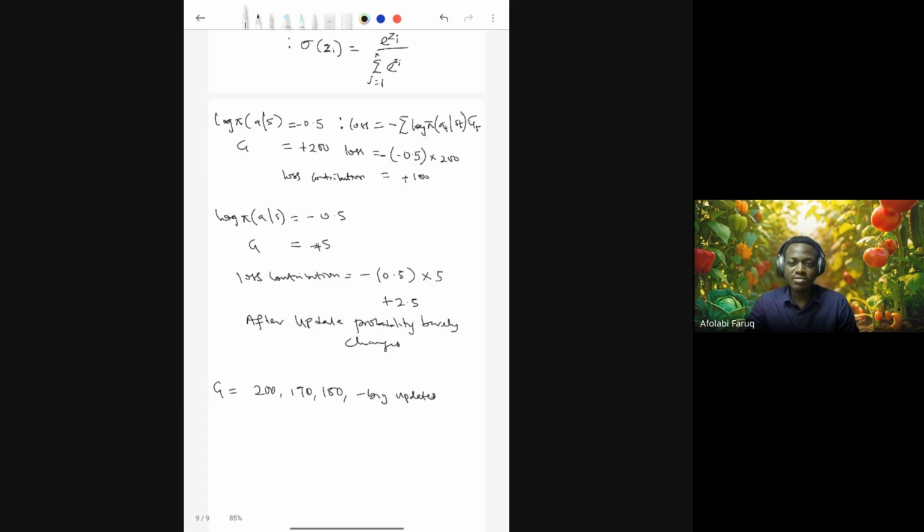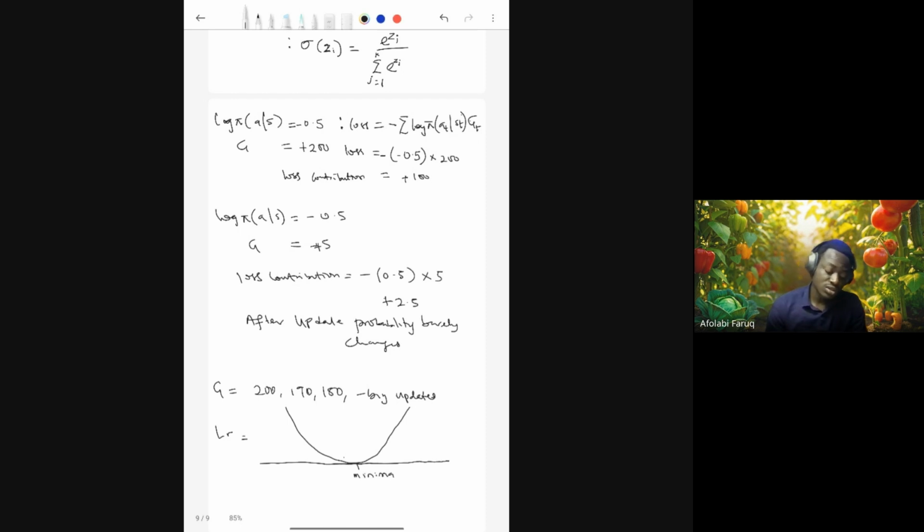Then also, for learning rates, LR, because this is deep learning now. When we talk about learning rates, we call this minima, right?